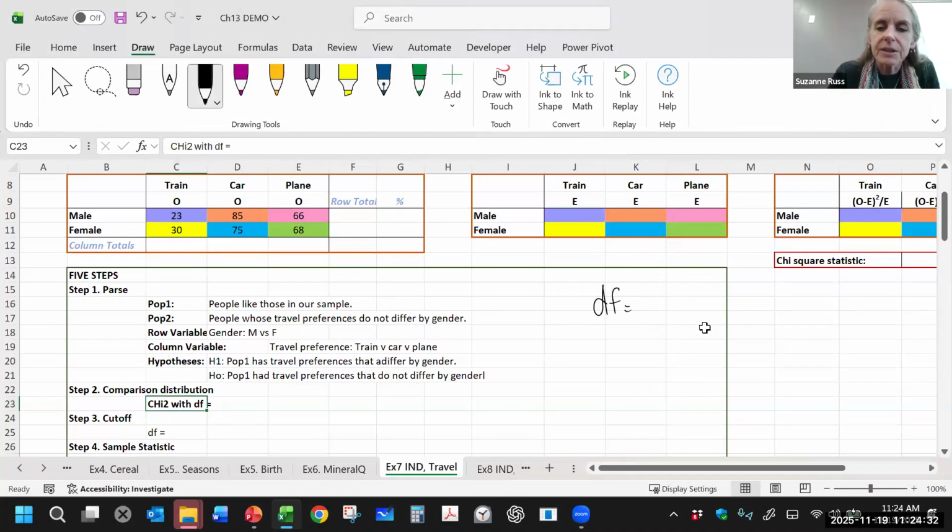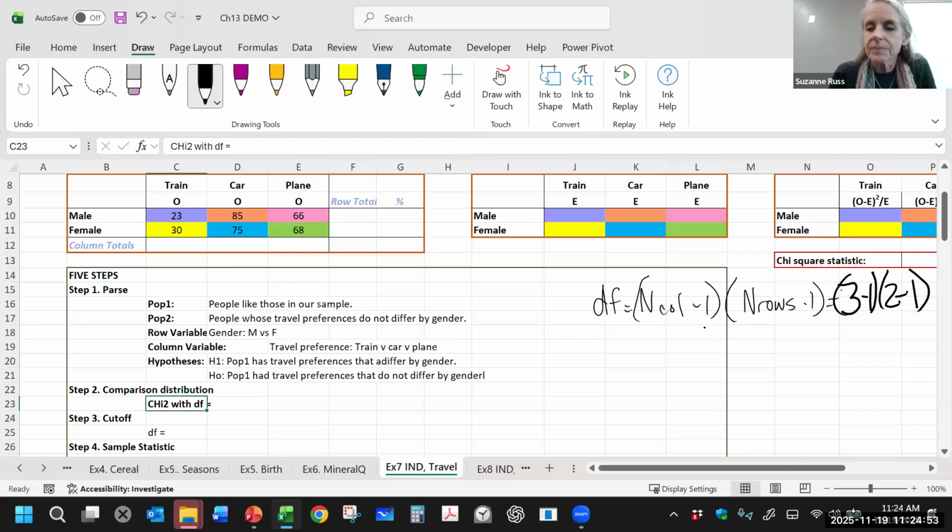DF equals the number of columns minus 1 times the number of rows minus 1. The number of columns is 3 minus 1, times 2 minus 1, equals 2 times 1, equals 2.